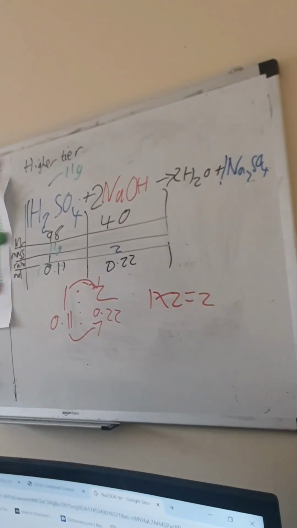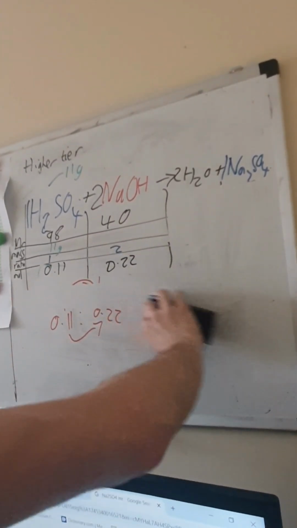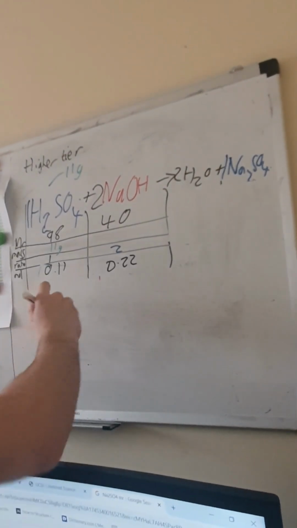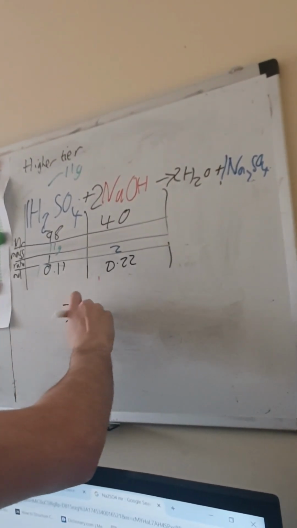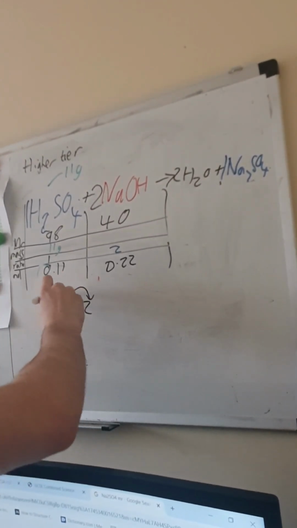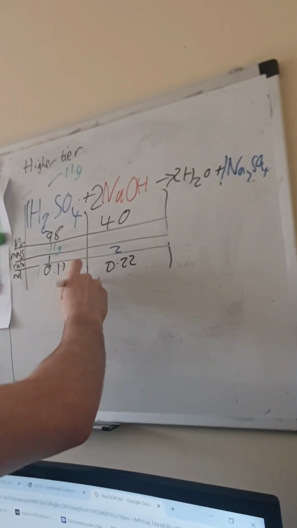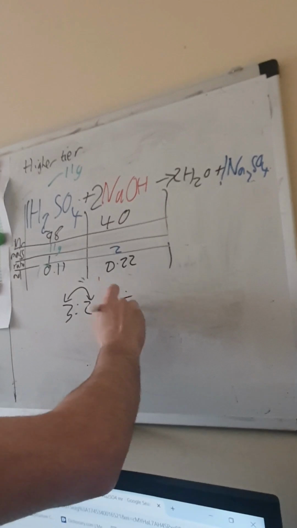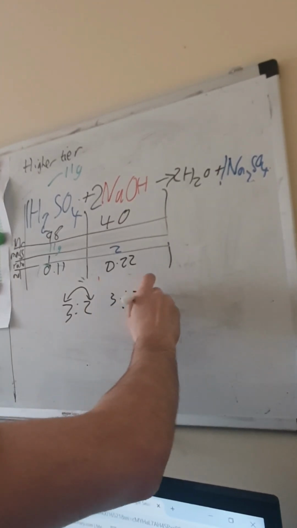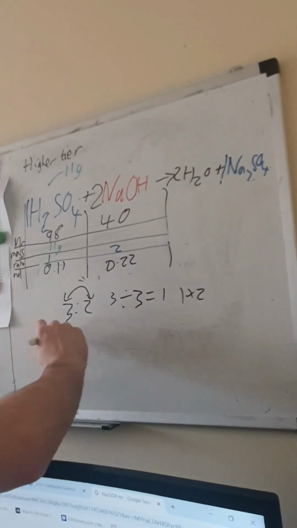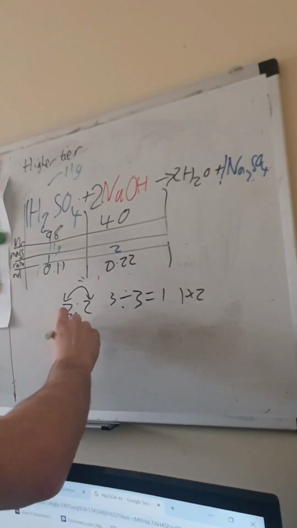Now, say you had a ratio of 3 to 2. We don't have a ratio of 3 to 2 at the moment, but say if you did. To get from 3 to 2, you would divide by 3. 3 divided by 3 is 1. And then 1 times 2 is 2. So you'd go divide by 3 and times by 2.